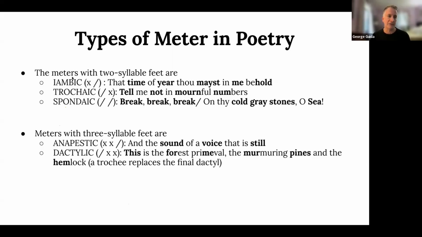And then those are metrical feet that have 2 syllables. There are also metrical feet that have 3 syllables. And the 2 dominant kinds there are called the anapest, which I just showed you, unstressed, unstressed, stressed, so da-da-dum. And then the dactyl, which is the opposite, stressed, unstressed, unstressed, dum-da-da. So anapest, da-da-dum, dactyl, dum-da-da.